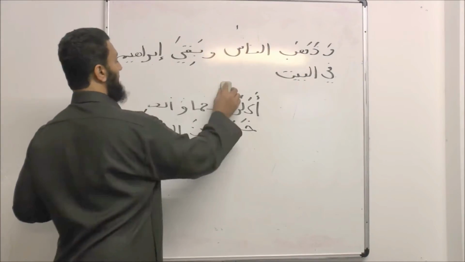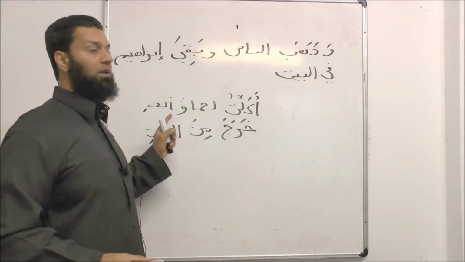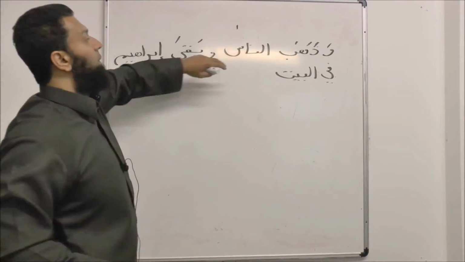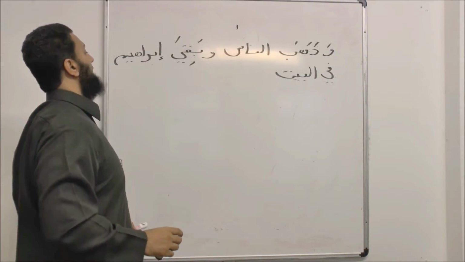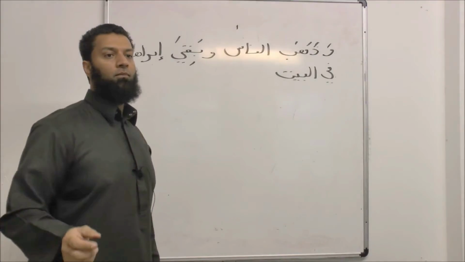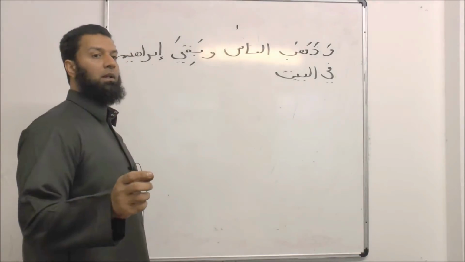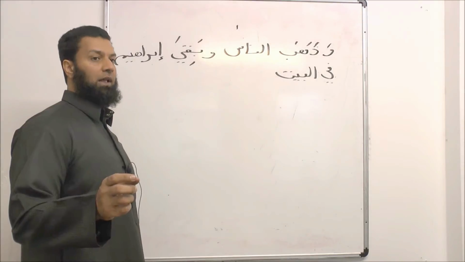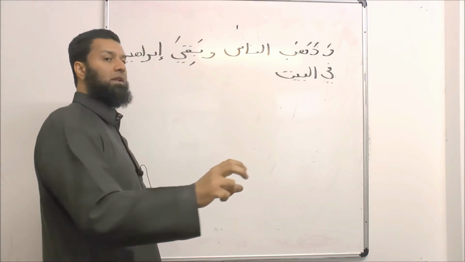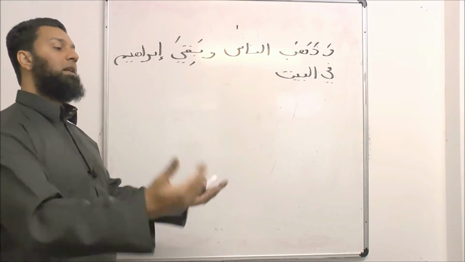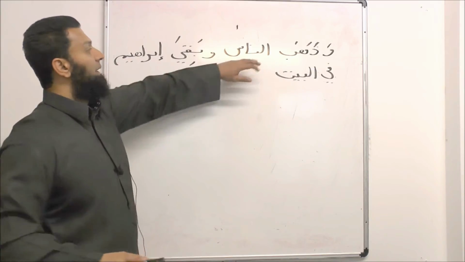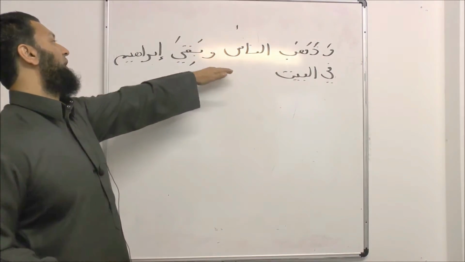Right? But anyway, the point to note is there's the waw. That's why we wanted to mention that. So here we have وذهب الناس وبقي إبراهيم في البيت. So that maf'ulun ma'ahu, there are no rules on it or anything like that; it's just that it's a maf'ulun ma'ahu that describes what happened at the time that you perform that action.